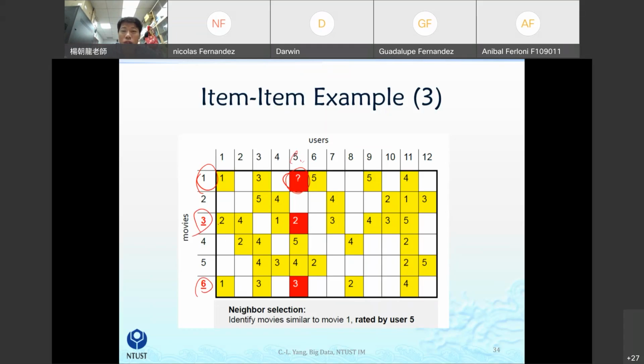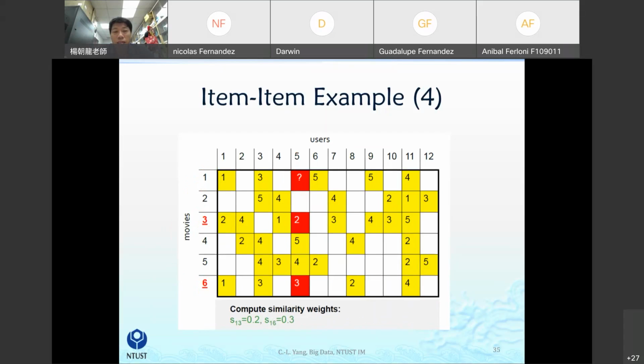So I want to see which movies are very similar to movie 1, because for movie 1, this empty part, customer 5 hasn't watched it before. So we compare this and compare this. Of course, you can use a similarity matrix once again. So we can compare 1 and 3 is 0.2, 1 and 6 is 0.3.